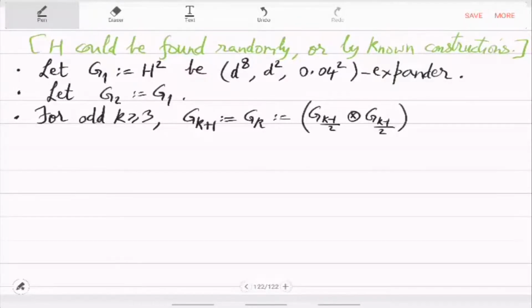Do that, then you do the path product, square it. Now the degree has blown up, so reduce that by zigzag with H. H has degree d, so this thing in the end will have degree d square. That's how you do it.